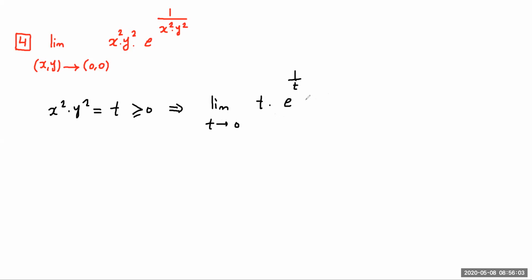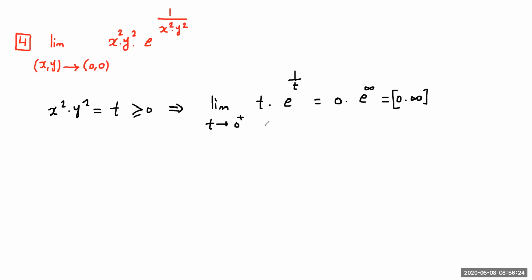So if we put here t approaches 0 positive, because t is greater or equal 0, if we write 0 times e to the power plus infinity, so 0 times infinity is an indeterminate form.